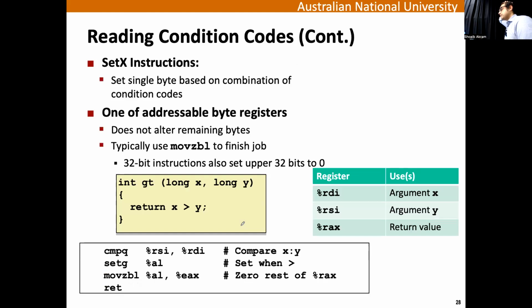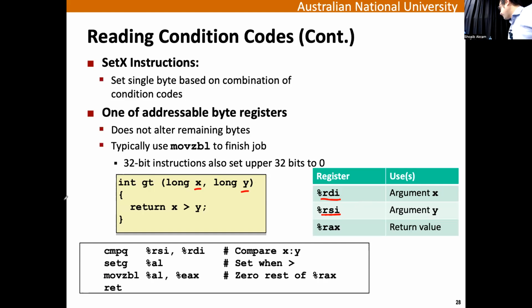Okay, how do we use the setX instructions? Here's an example function, and what it's doing is returning x is greater than y. Assuming that x is in RDI and y is in RSI, how can we do this efficiently?